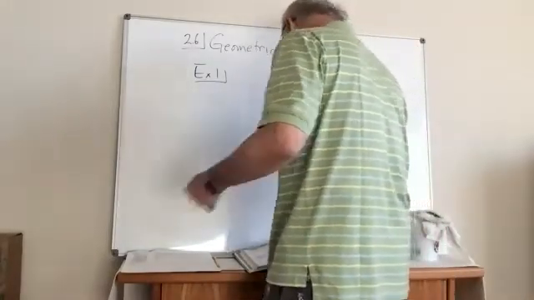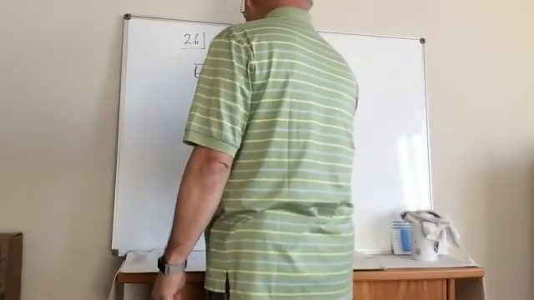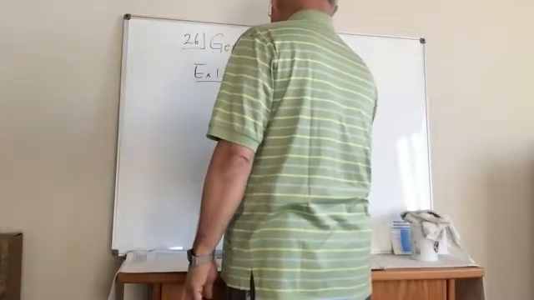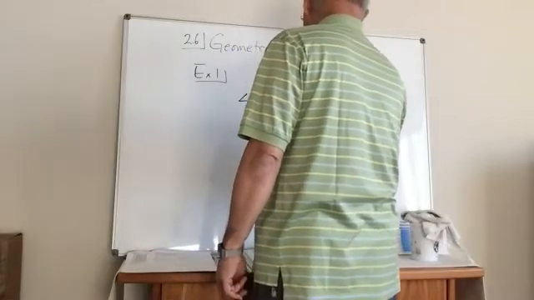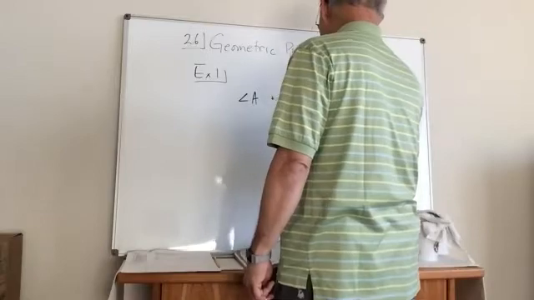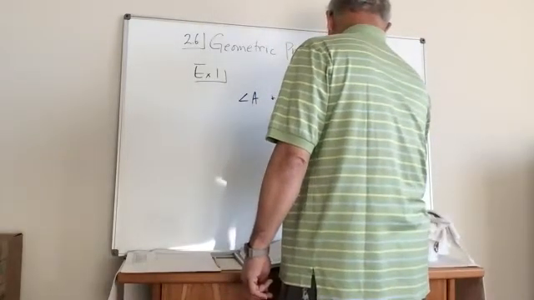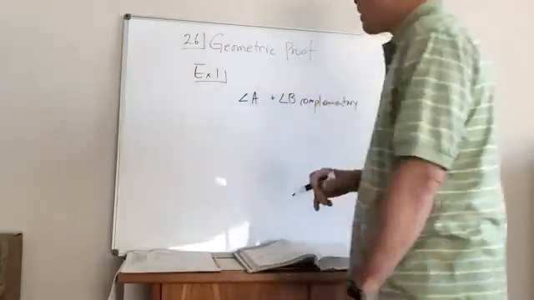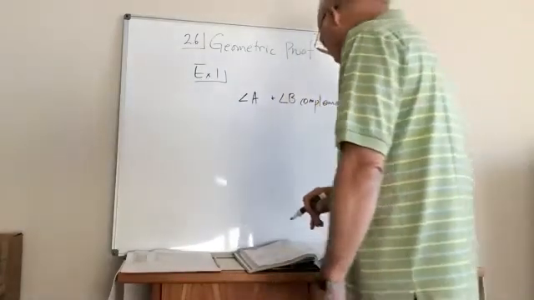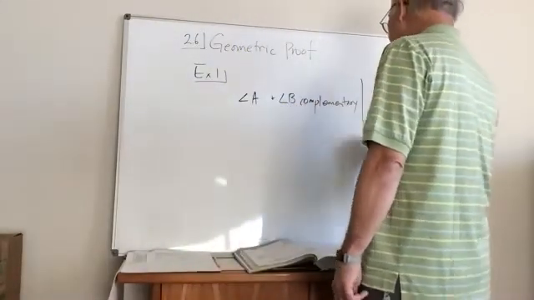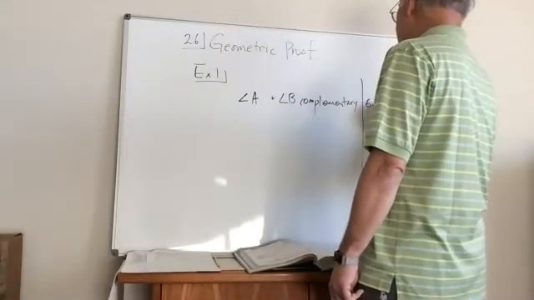So we have that angle A and B are complementary. And where do we get that information from? We got that information because it was given to us.